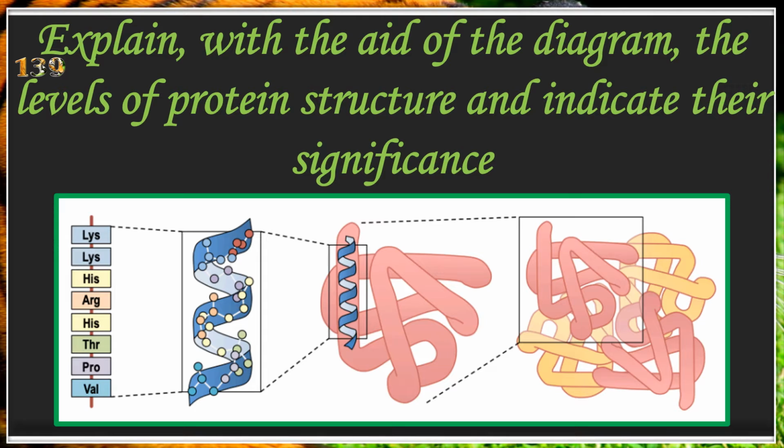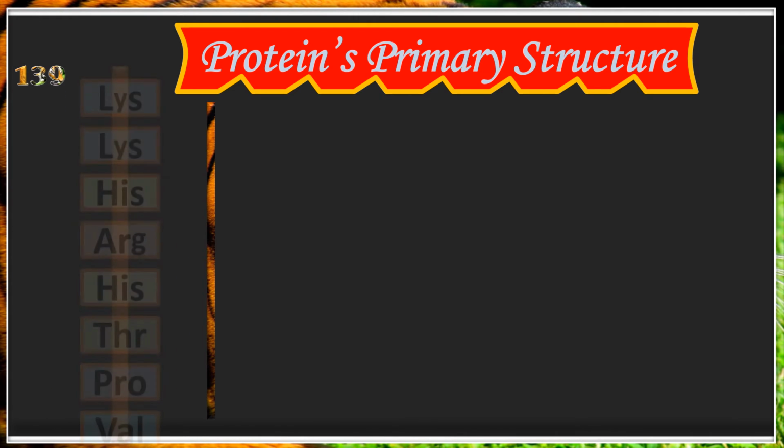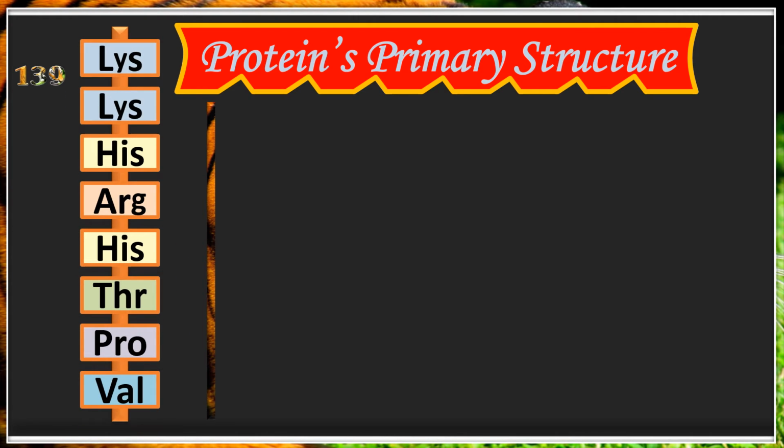So we want to look at the structures from one level to another level. We shall start with the protein's primary structure, which you are seeing on your left. That is the protein's primary structure, made up of amino acids.